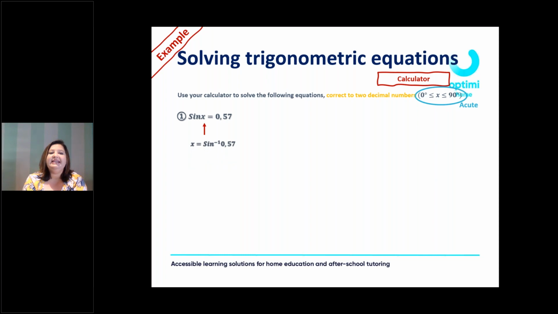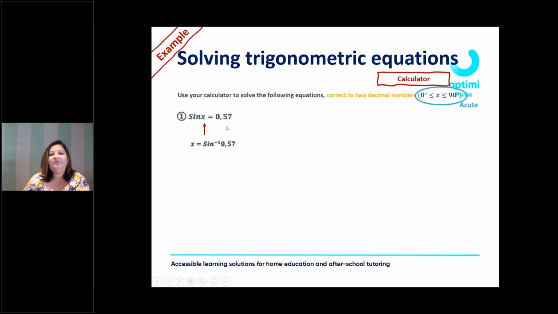We will say that x is equal to sine to the power of -1, 0,57. Do you see I didn't divide it? I didn't multiply it. I didn't go and subtract it on the other side. The only way that I can detach that sin from the x is to write it as sine to the power of -1 and then the value that is given over here.